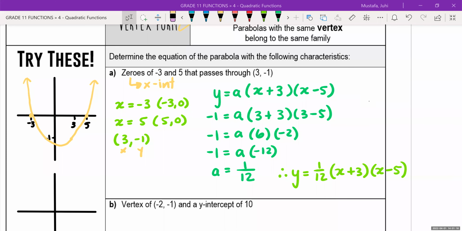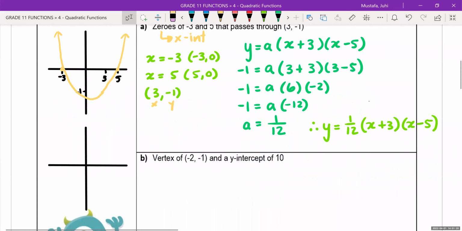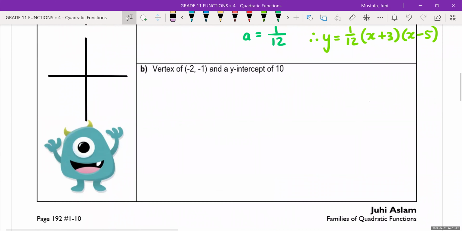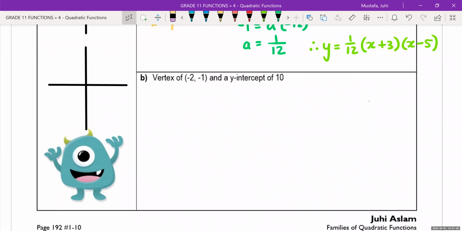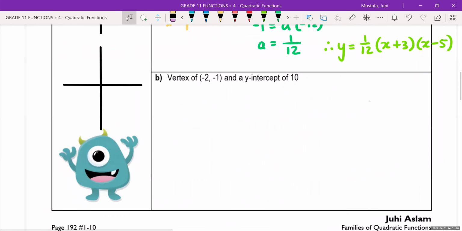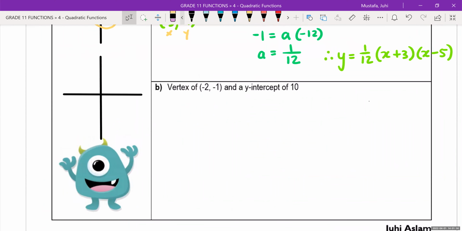So question number 2 says, we want to find the equation of a parabola where the vertex is -2, -1, and we have a y-intercept of 10. So in this question, if I were to sketch what's happening, -2 is approximately there, -1 is there, and this time they tell you that that is the actual vertex of the parabola.